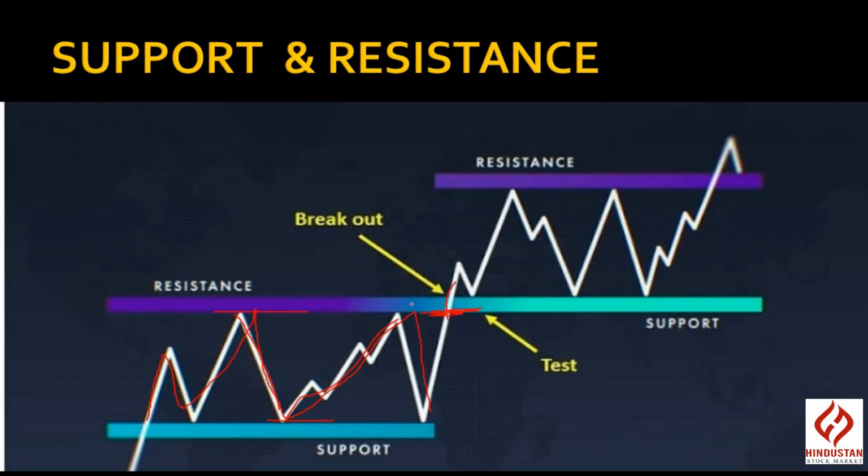At this point price breaks the resistance level, and next time when it comes near this particular line, this works as a support. See, this works as a support, it is bouncing back, right? So earlier it was a resistance, but now it works as a support. So this is the principle of support and resistance. Once price breaks the resistance level, next time it is likely to work as a support.